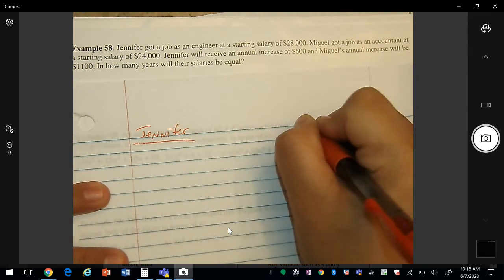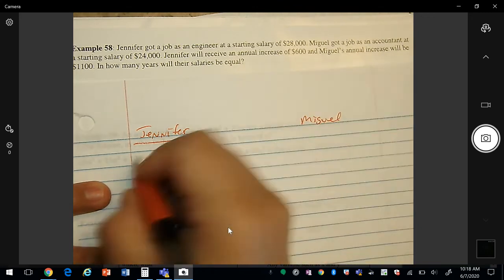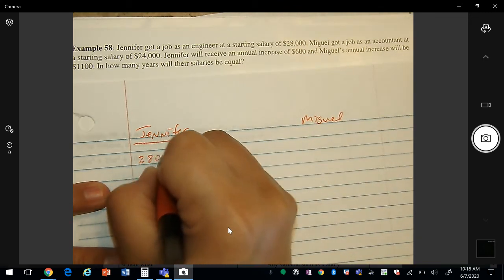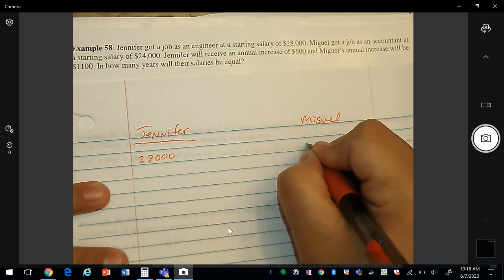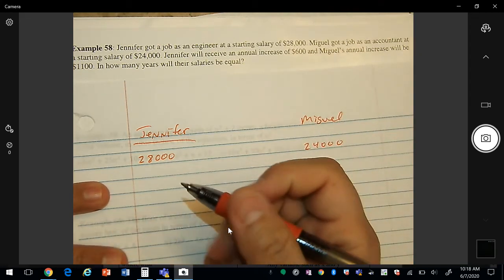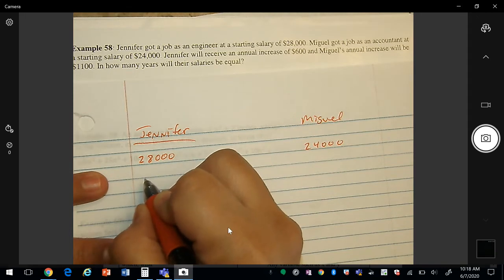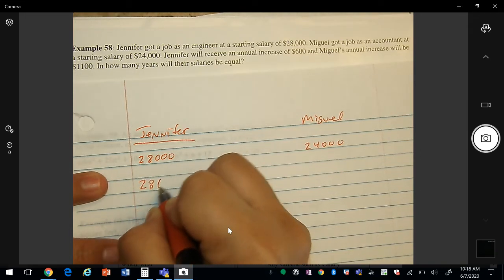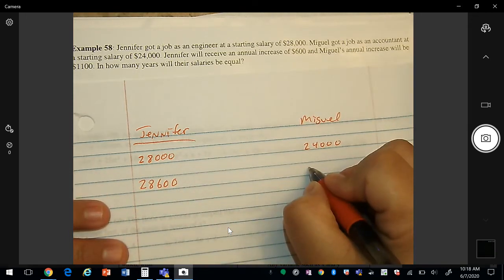Here's Jennifer and here's Miguel. So Jennifer starts off with 28,000 and Miguel starts off with 24,000. So the next year, Jennifer will receive an increase of 600. So now she's going to be making 28,600 and Miguel receives an increase of 1,100.